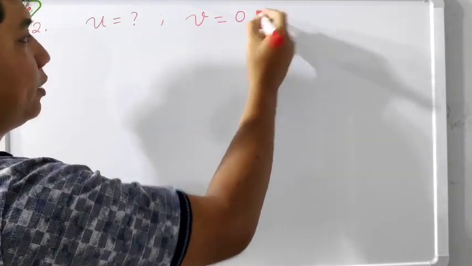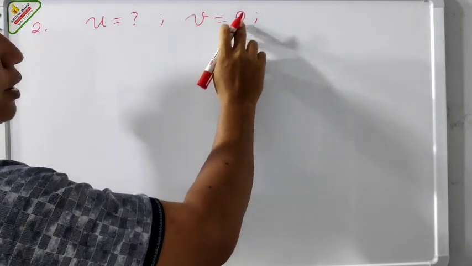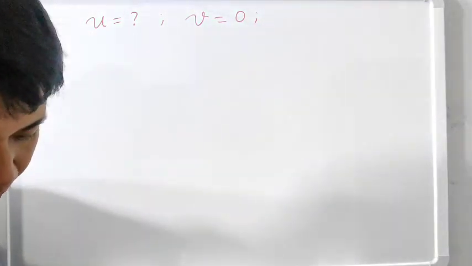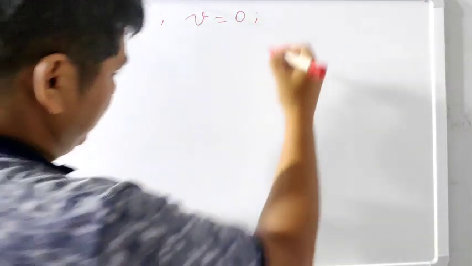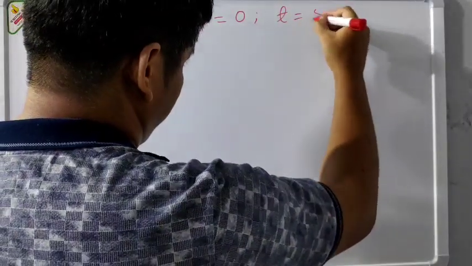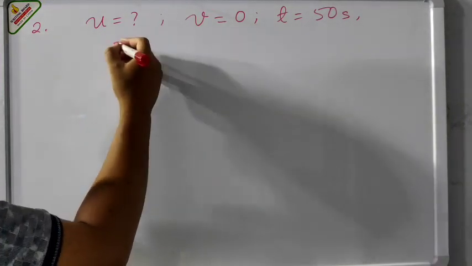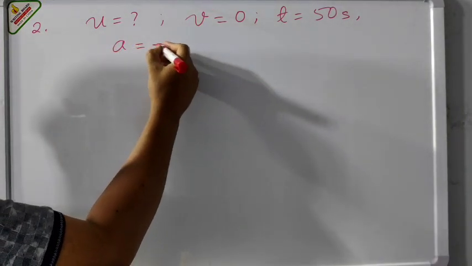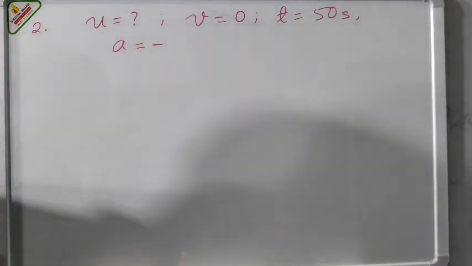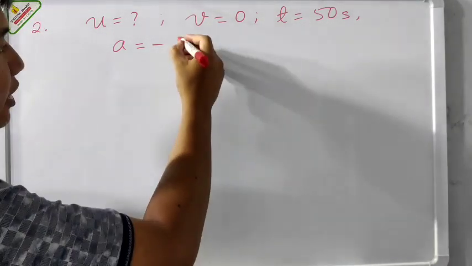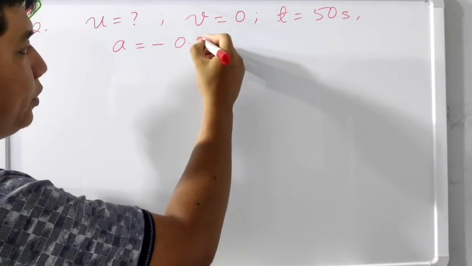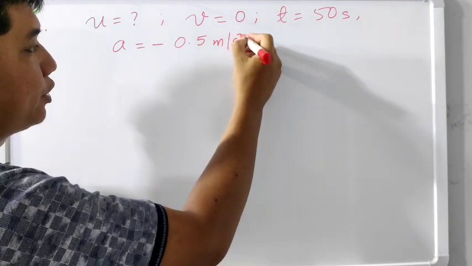It is at rest finally, and the time taken is 50 seconds. Retardation is given, so the acceleration will be negative, minus 0.5 meter per second square.